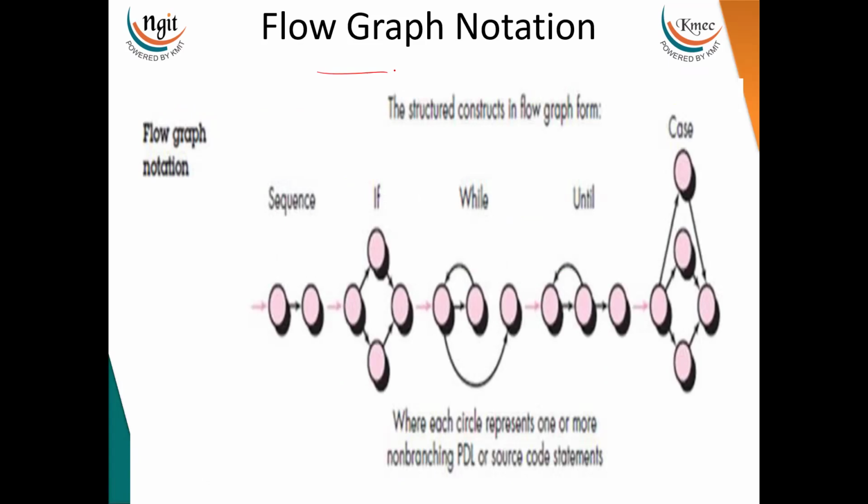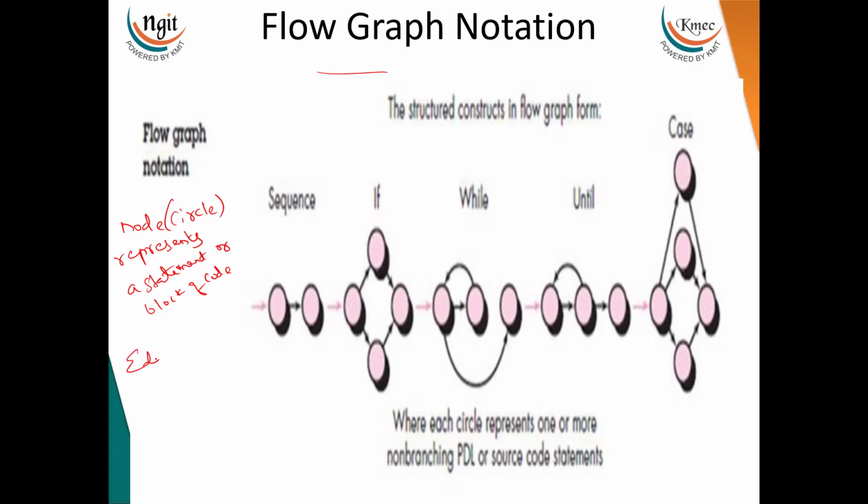Clear? So the flow graph notation is nothing but the node, represented by a circle, which will represent a statement or a block of code. I'll write here: a node, which is represented by a circle, represents a statement or block of code, right?